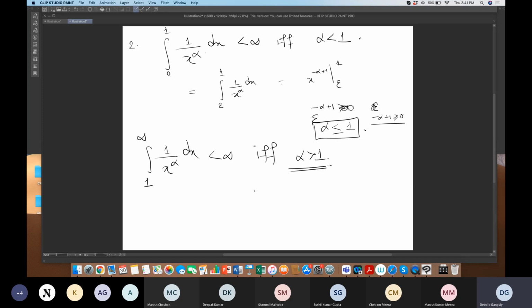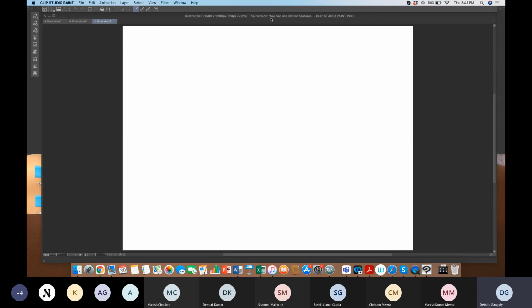You just integrate, with limit r tending to infinity, from 1 to r, or you can use the monotone convergence theorem, right? So again r to the power minus alpha plus 1 will come. As r tends to infinity, minus alpha plus 1 should be less than 0, so alpha is greater than 1. These are small things, but I will use them a lot.